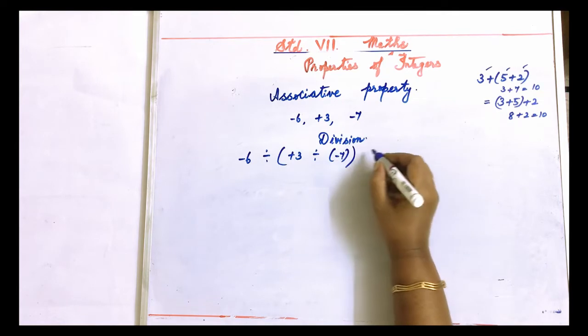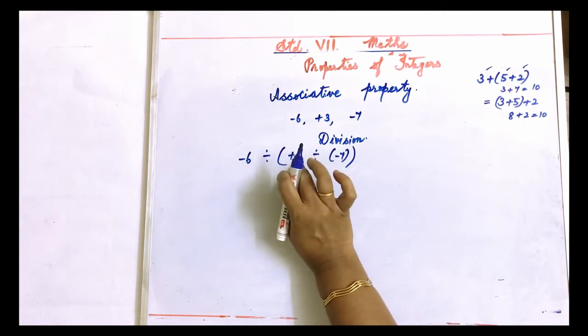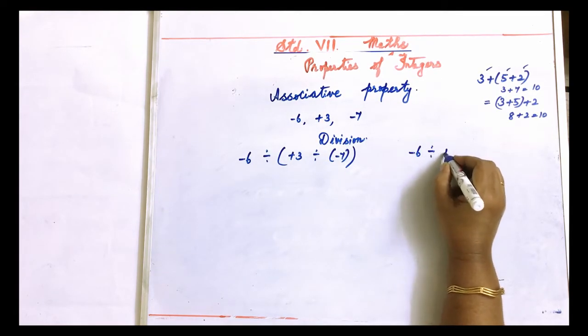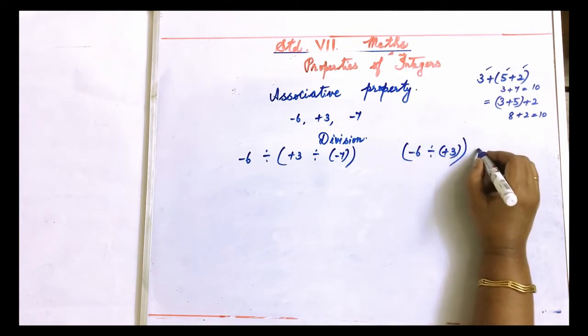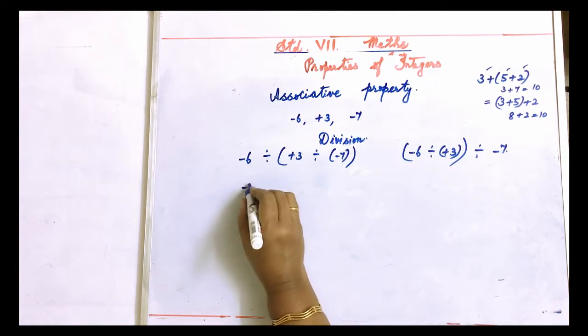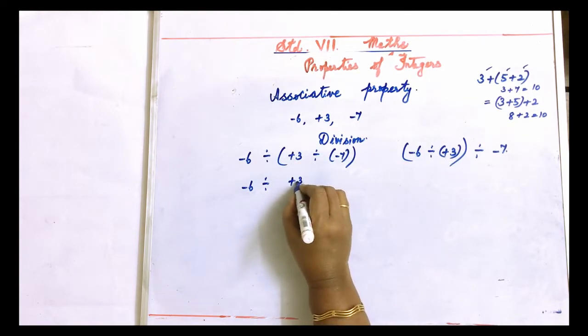Now again we have to group the first integer and second integer. So minus 6 divided by plus 3, again divided by minus 7. So minus 6 divided by, this can be written as plus 3 divided by minus 7.